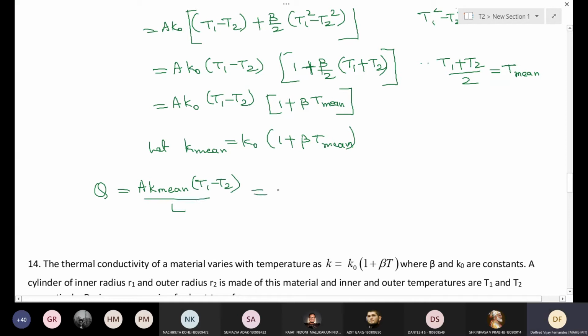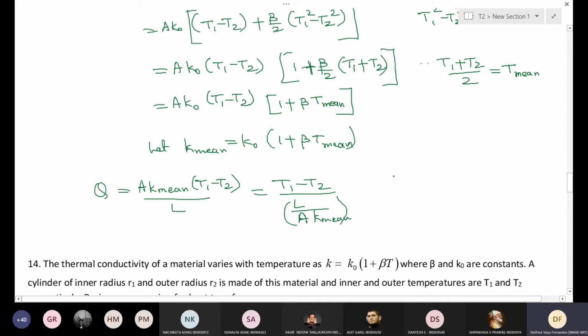Or simply, you can write it in the same format which we wrote for the planar wall with the constant value. But here the K value should be evaluated at the mean temperature. That's all. So we can write this as T1 minus T2 divided by L by A K mean, which is nothing but the thermal resistance of the wall.